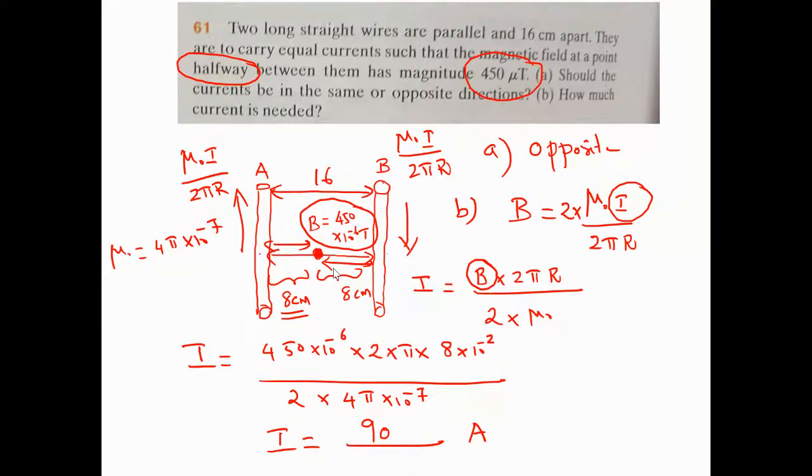Keep these two points in mind. Whenever the current in the wires is in the same direction, there will be a force of attraction, and there will be no magnetic field. Whenever there is a force of repulsion, you will get some magnetic field effect exactly at half the distance between the two wires. Clear?